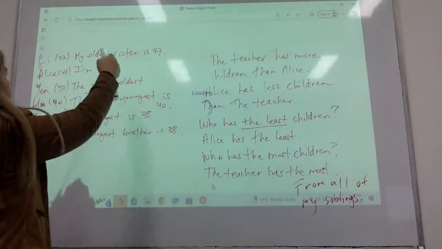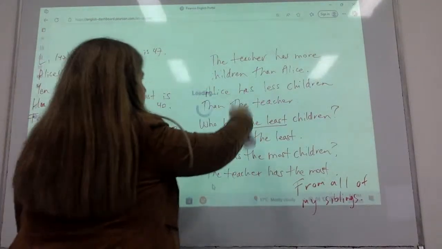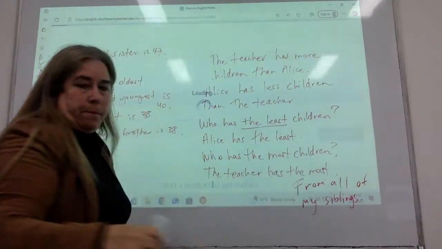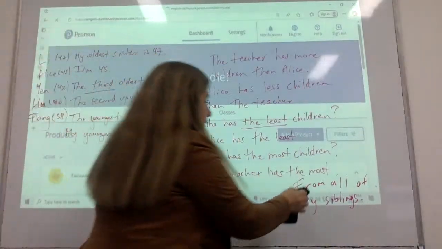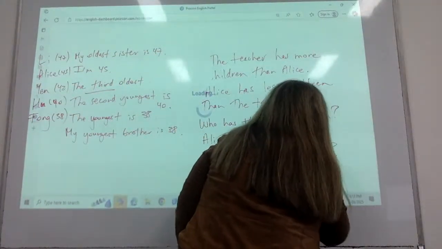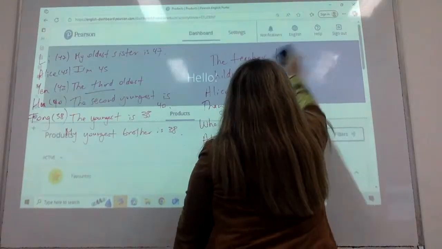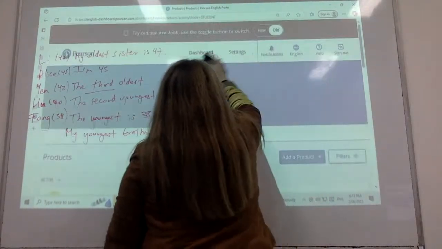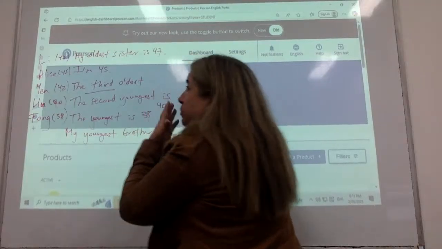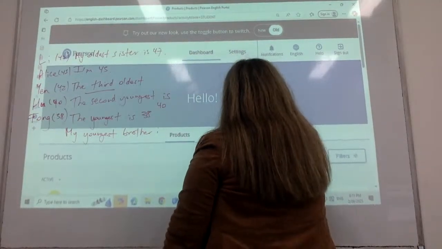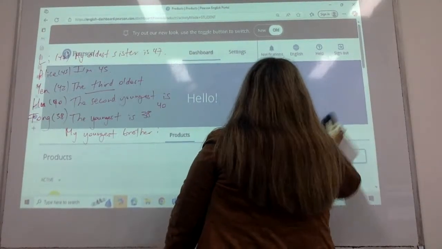So if we have a look at the describe the image in the speaking section, you will see exactly what you need to do. Now remember, they give you 25 seconds to look at the image and to be able to respond speaking. So you have to be quite fast.